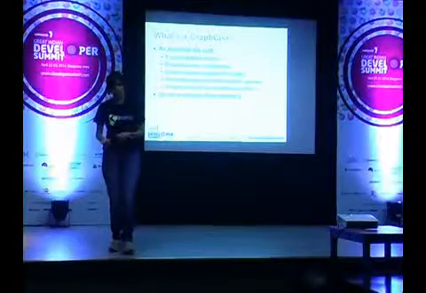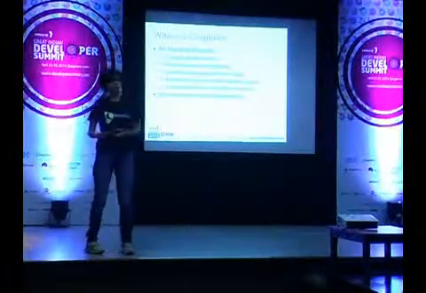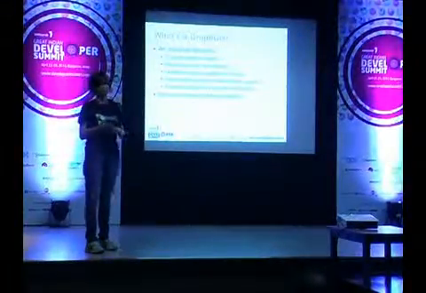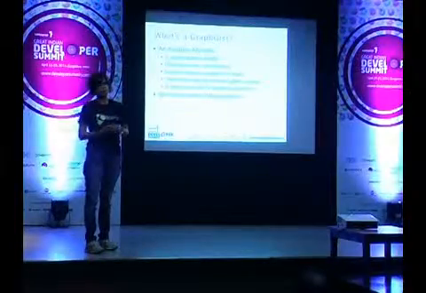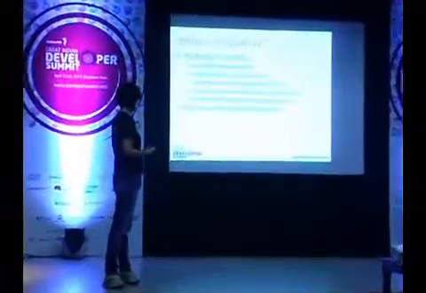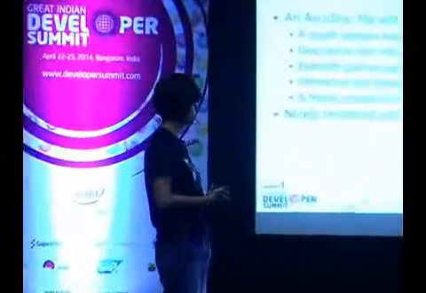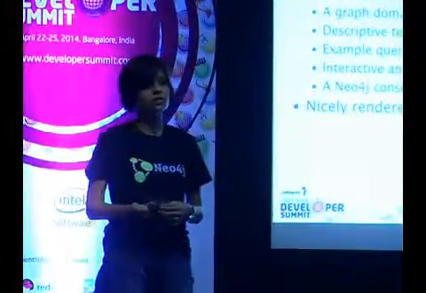Neo4j recently ran 2 contests for people to model their domains as GraphGists. The first time they had some 18 odd entries, and the second time they had like 67 entries. So if you go to neo4j.org, you will find a huge variety of GraphGists from all kinds of domains.